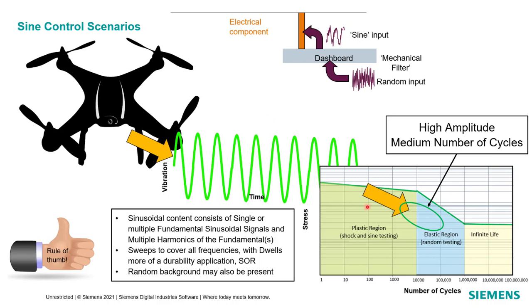Looking at the S-N curve and how fatigue and damage relate to this application, the amplitudes are a bit higher, in the higher elastic stress range, and maybe even in the plastic region. Higher amplitudes, medium number of cycles.